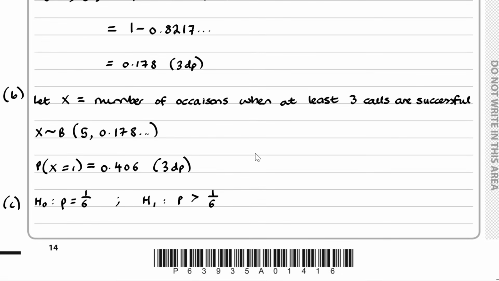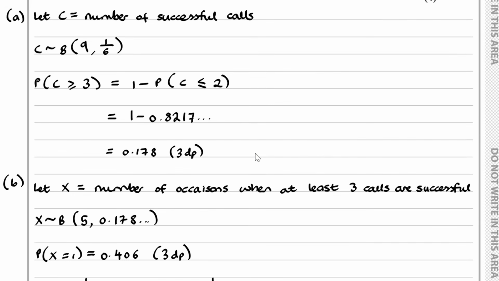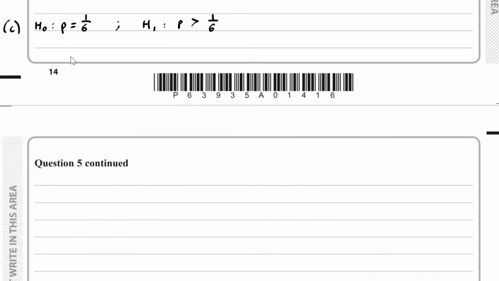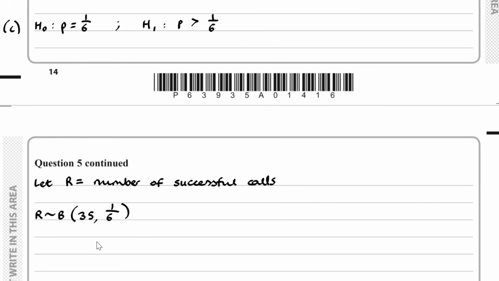Each call is independent of the other, and we assume our null hypothesis for the probability of success. So if we let R equal the number of successful calls, we have R binomially distributed, parameters 35 and 1/6. So we are looking for the probability that R is greater than or equal to 11. That's the same as 1 minus the probability that R is less than or equal to 10.